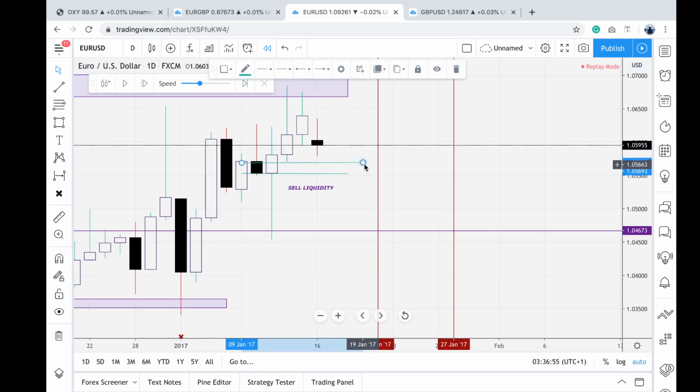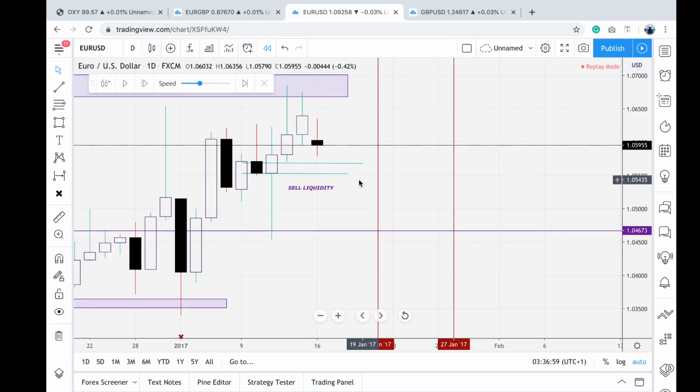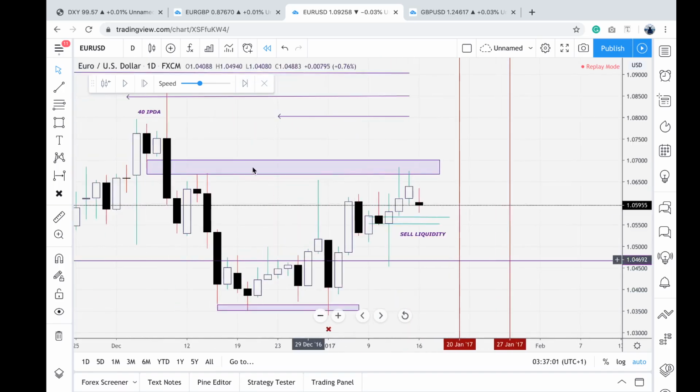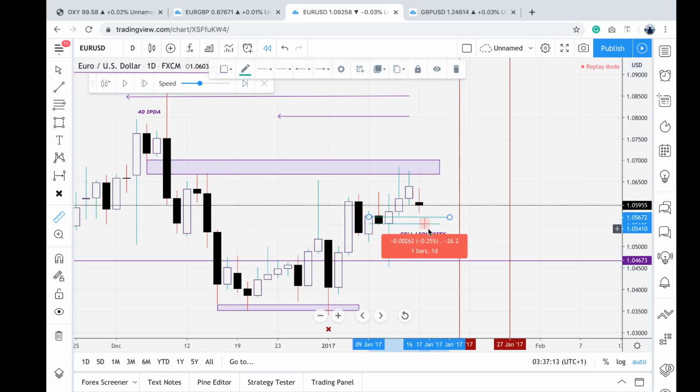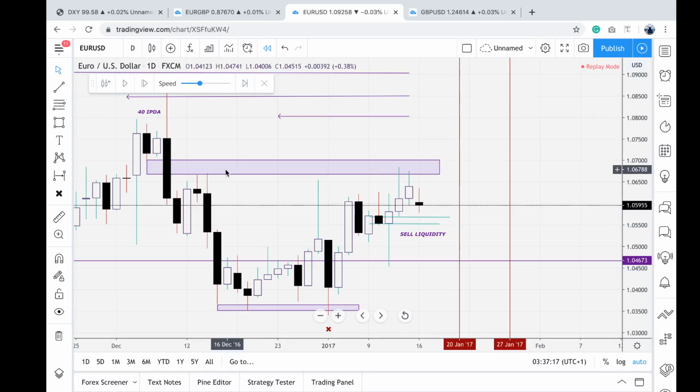So we could see potential bullishness. If this was an actual day to be traded, I would be buying off this level. Should price get into that level, I'll be buying off that level, and my stops would go just below that level. Off the daily, my stops could be about 26 to 30 pips, and my target would be this level.